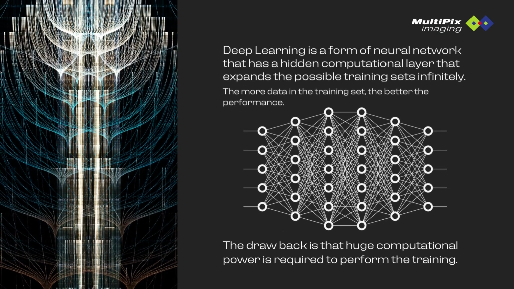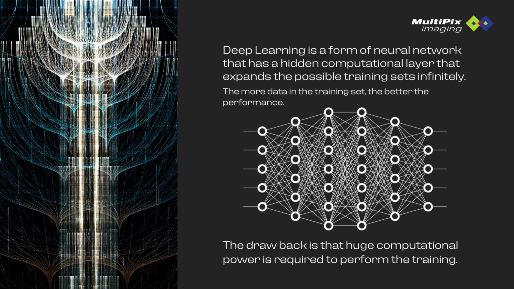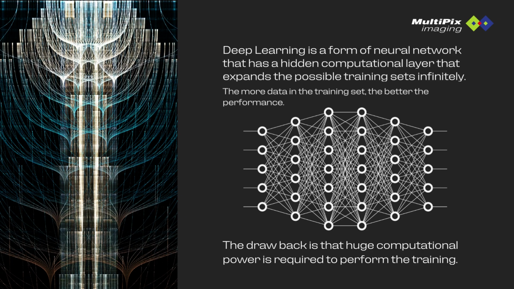Okay, so what is deep learning? As it says here, deep learning is a form of neural network, but it has a hidden computational layer. That means you can expand training sets massively, into tens of thousands of examples in your training sets if necessary. You can expand it pretty much infinitely in a deep learning algorithm, whereas a neural network has limitations on how many examples you could give.